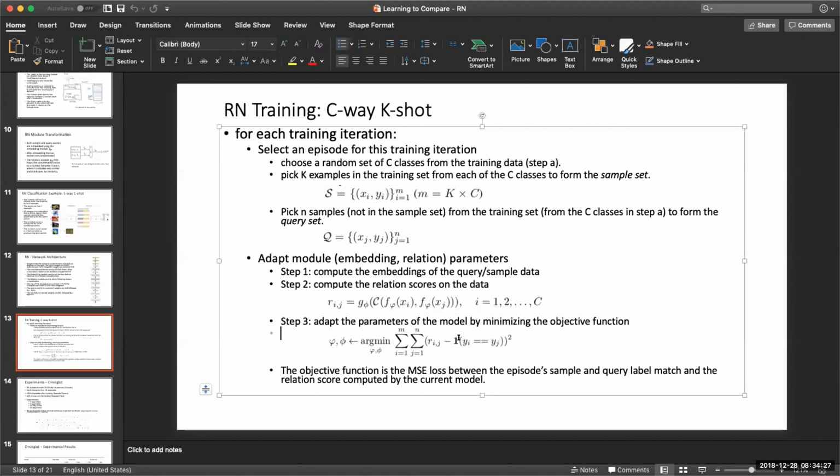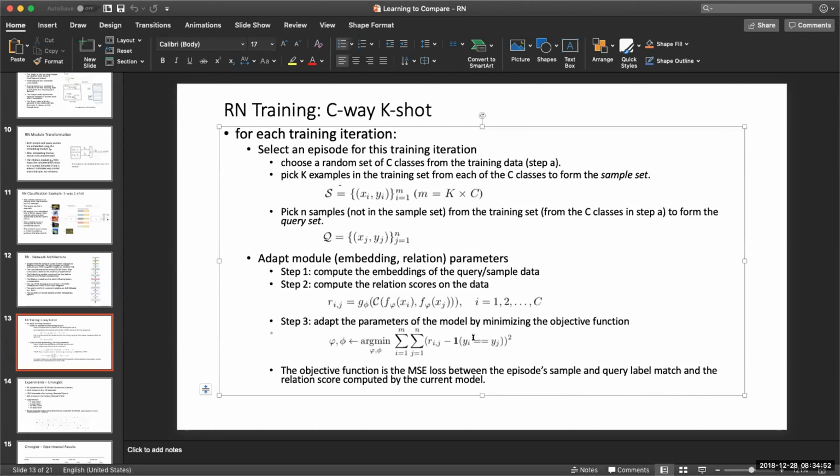The Y's are the labels of the data. You can think of that as just perhaps a Boolean: do these labels match or mismatch, true or false? Then this indicator takes that Boolean and turns it into a number, either a 0 or a 1.